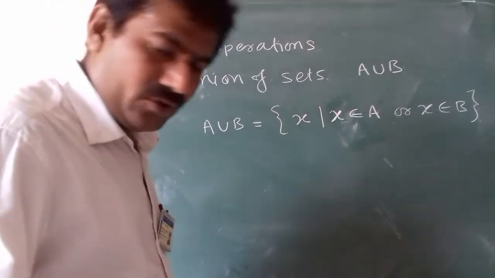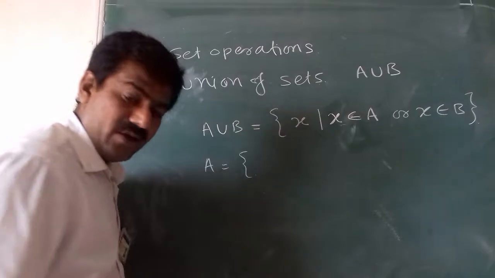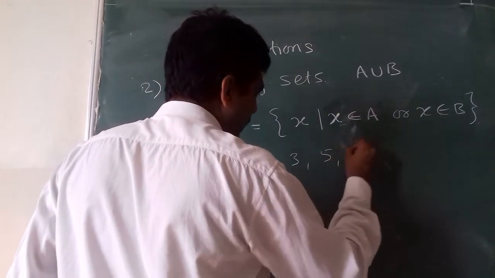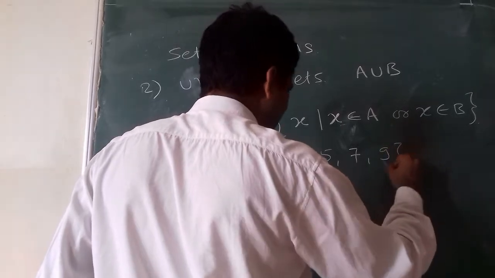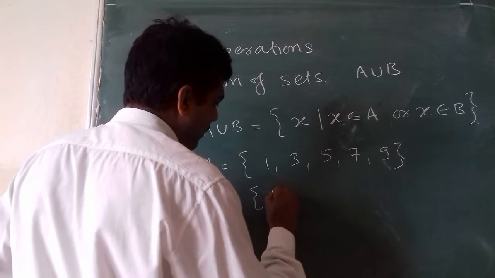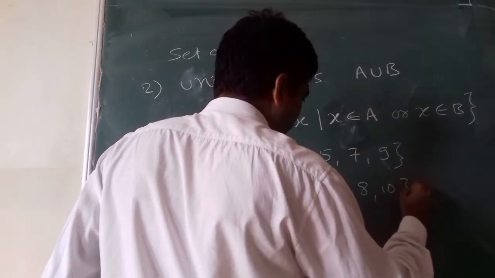Okay. So let's see the example. Capital A is a set which contains the elements 1, 3, 5, 7, 9. Let's say it contains 5 elements, and capital B is a set which contains the elements 2, 4, 6, 8 and 10. Right?